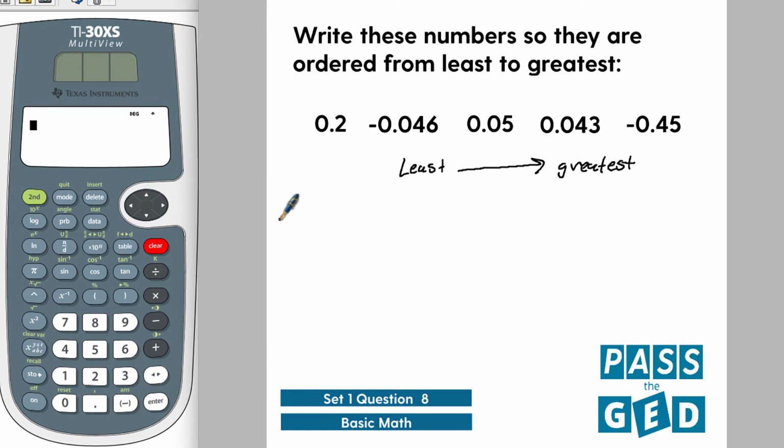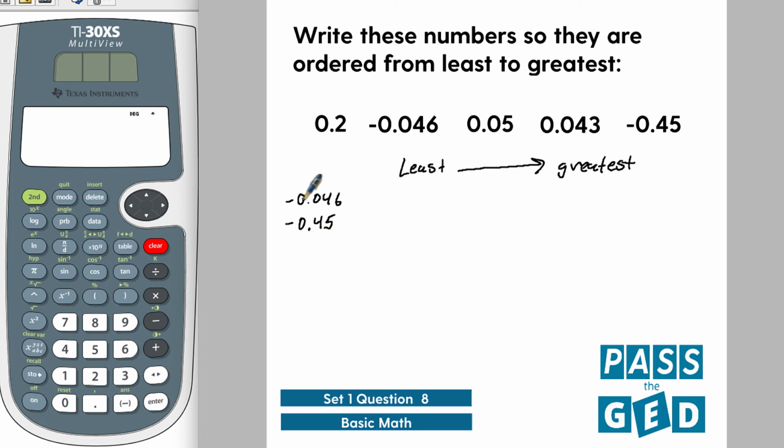So let's just go ahead and stack them so we can compare them equally. So we've got negative 0.046 and negative 0.45. All right, so here is one of the things that students often get tripped up on. We want the lowest number, and the lowest number is going to be the one furthest from 0. The number furthest from 0 when it's negative is going to be this one.